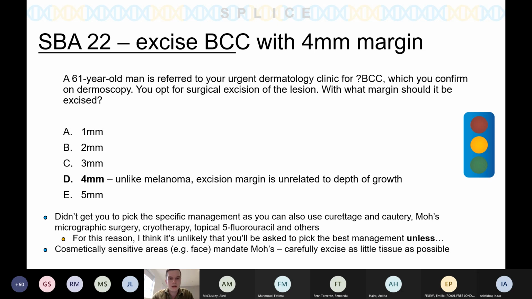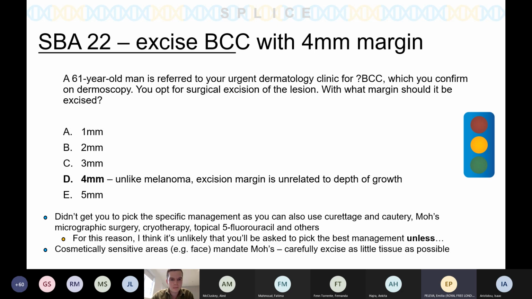I just think you want to recognize it, know the principles of management, know when to refer. So your gold standard is always going to be excision for basal cells. If they're very small, what we call superficial basal cell, you could use topical therapies like topical 5-fluorouracil. Cryotherapy is not great because you don't get histology, right? You're just burning, freezing it off.